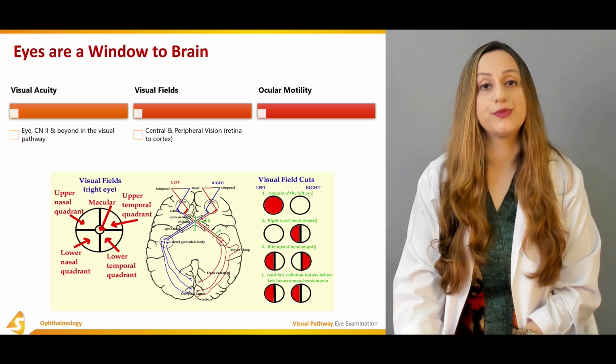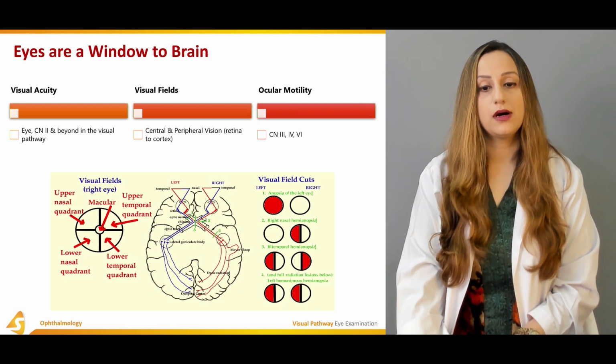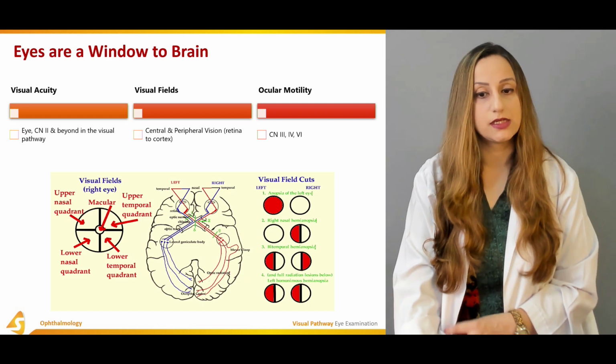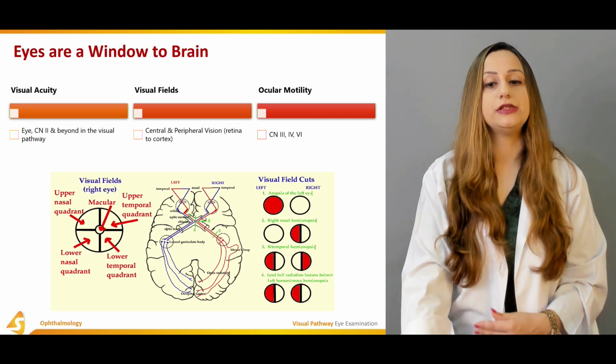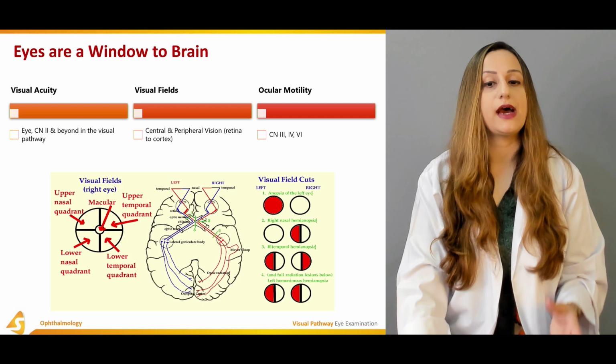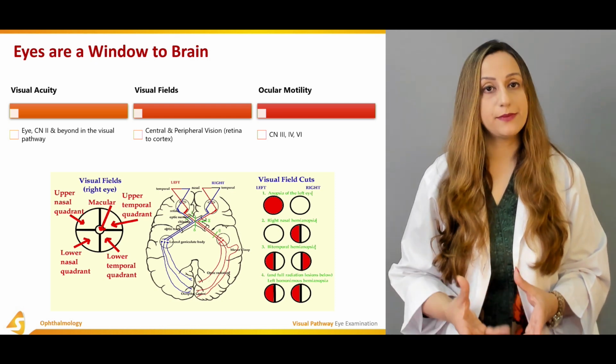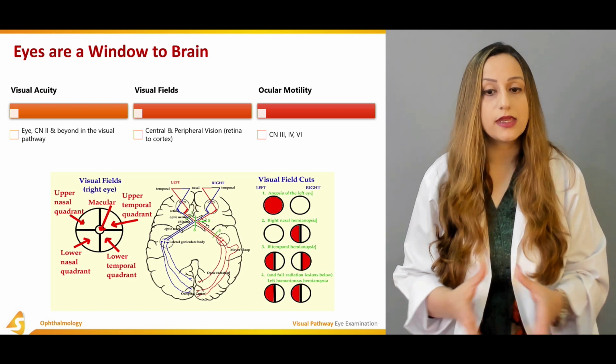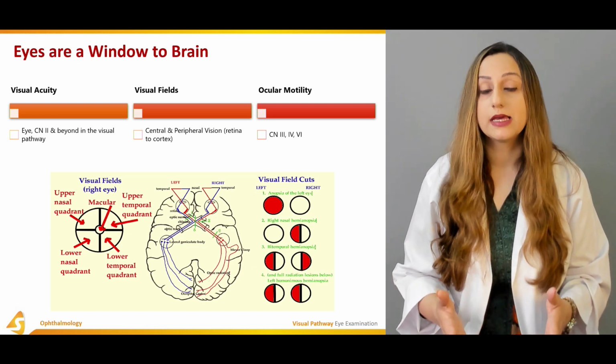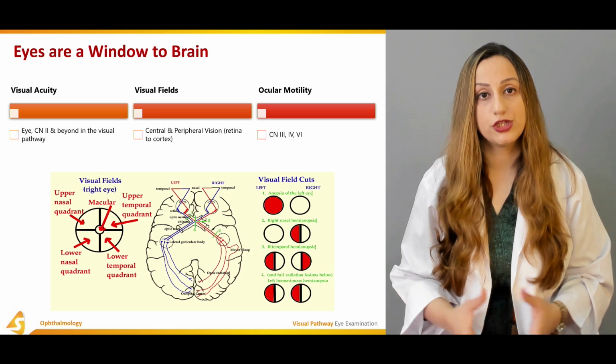Then we have the ocular motility. So we have the third cranial nerve, then we move on to the fourth cranial nerve, and then the sixth cranial nerve. There is an easy way to remember these cranial nerve pathways when you are testing the ocular motility.